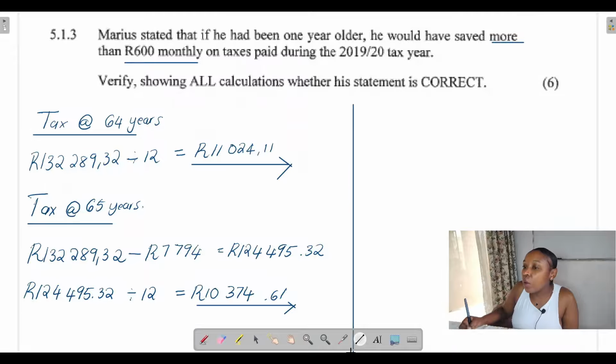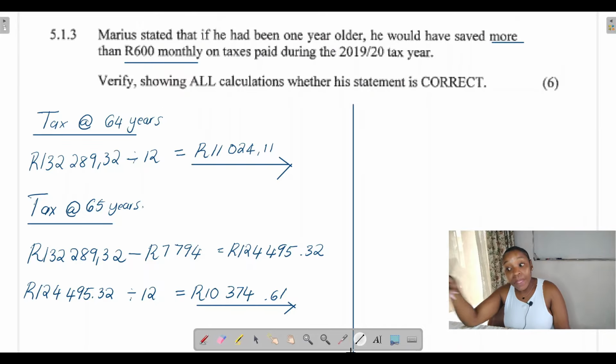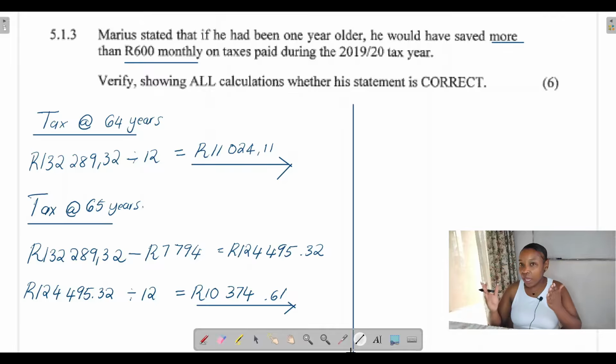Okay, so how do we do that? We now know that when he's 64 years old, he pays 11,024 rand and 11 cents. When he is 65 years old, he's going to pay 10,374.61. So how do we check whether his statement is correct?